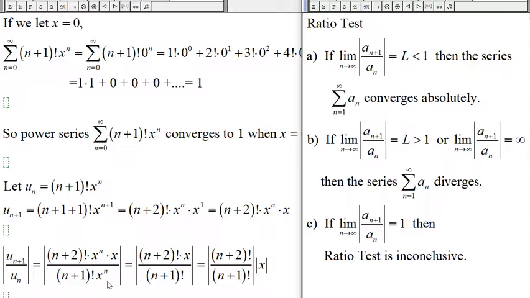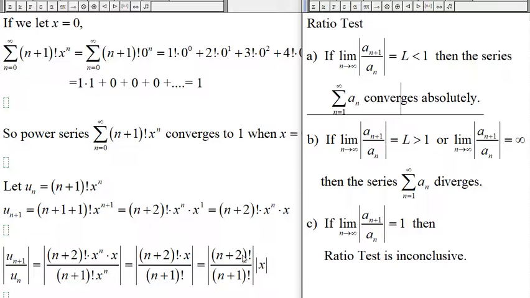But the x to the n cancels out. So what's left is (n plus 2) factorial times x divided by (n plus 1) factorial. We can rewrite this as (n plus 2) factorial divided by (n plus 1) factorial, times the absolute value of x.